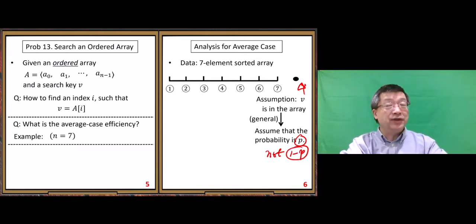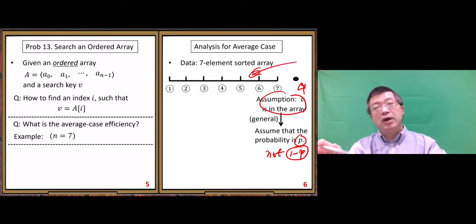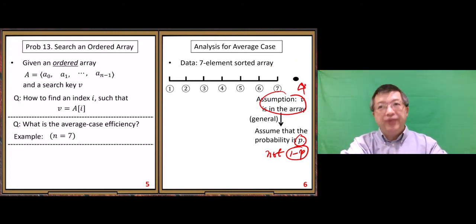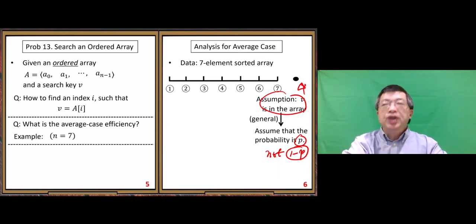But here I want to make the question as easy as possible. I just assume this V is already in this array, so you do not need to worry about V not being in the array. Under this condition, we can draw a binary tree to get the answer.